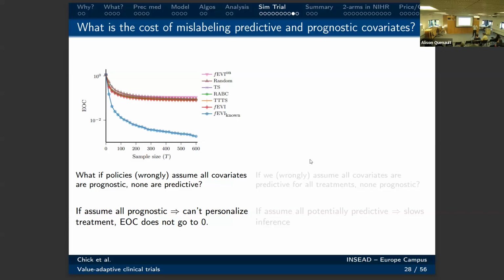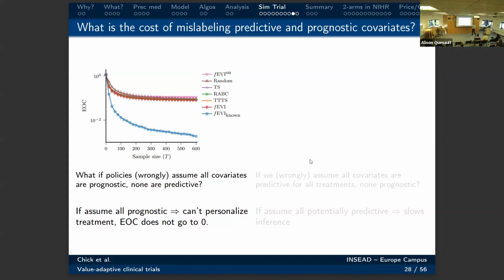That makes sense. If I put in a little bit fewer covariate interactions than might be the case, I'm missing out on the opportunity to do precision medicine. So I might not ever get the optimal treatment if I put too few covariates in of the predictive sort. And it turns out that would be the case.